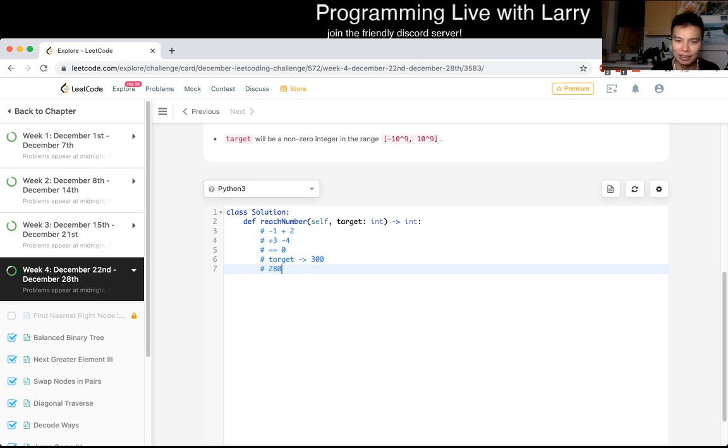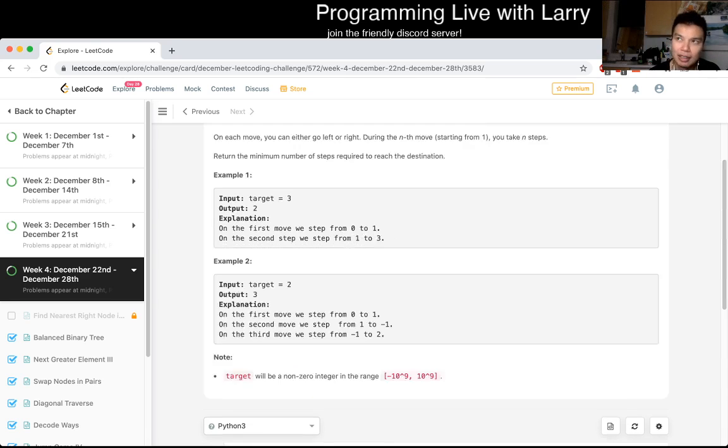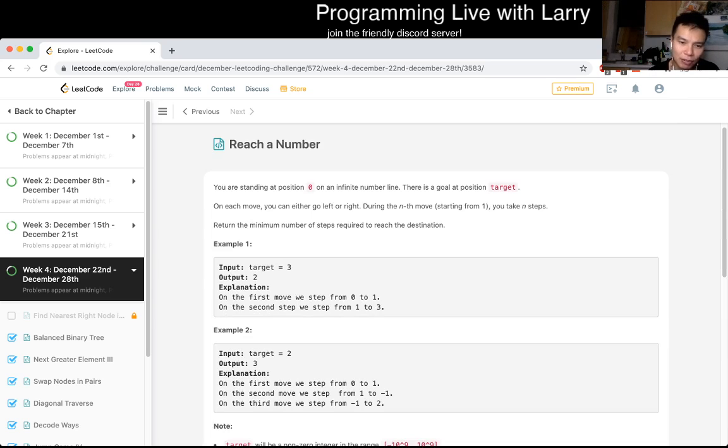Then we just have to consider 281, 282, 283, and so on, right? And maybe in that way you could have an answer to get to 300, just by the fact that you could +1 and then -1, maybe based on the parity of the numbers and so forth.